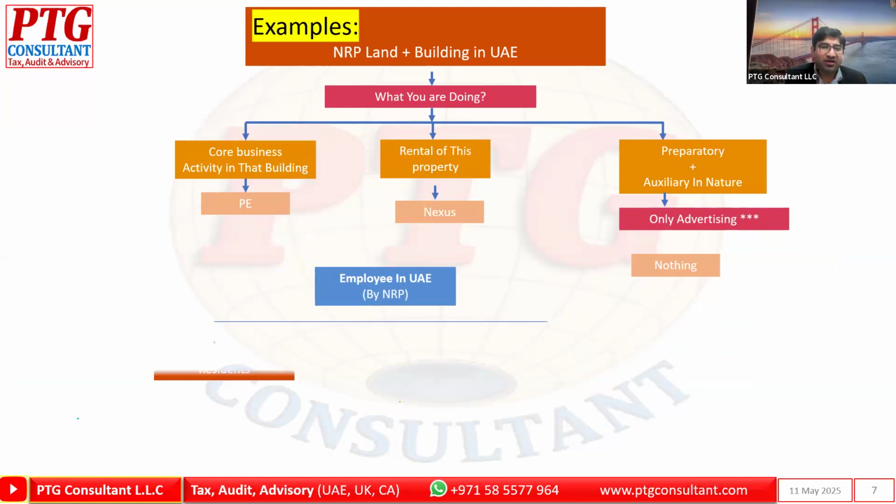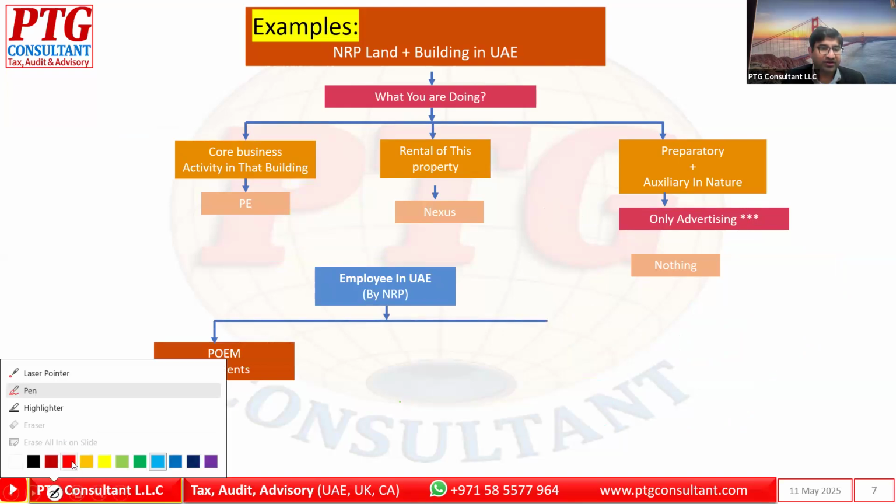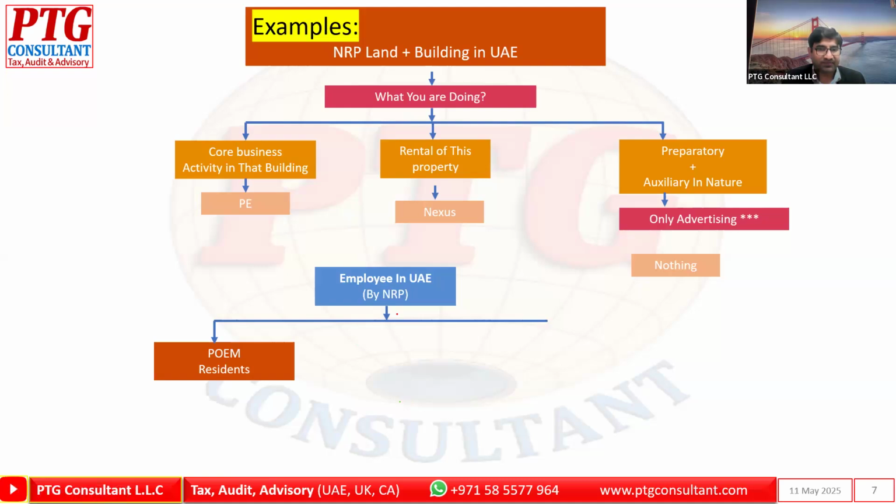Now the next point, employee in UAE by a non-resident person. Because the employee also can create the PE in UAE. POEM, place of effective management, it is a resident.